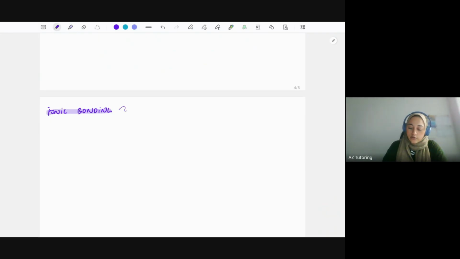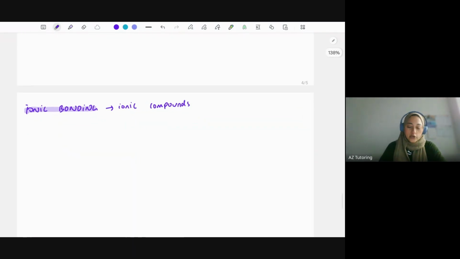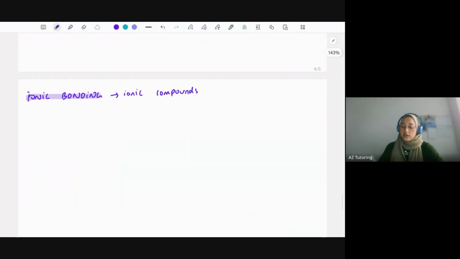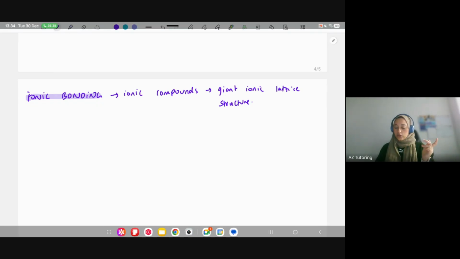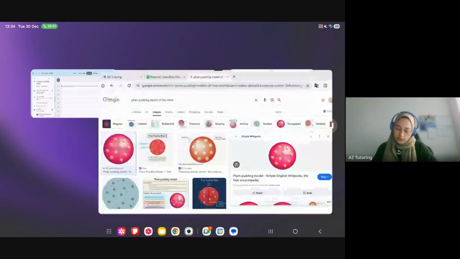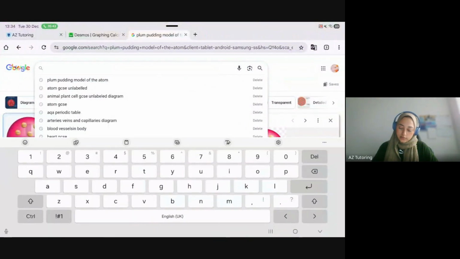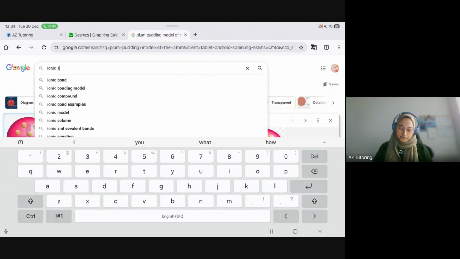Ionic bonding forms essentially ionic compounds, and these ionic compounds have a giant ionic lattice structure. A bit like the metallic one that I drew above, but let me get a picture to show you.